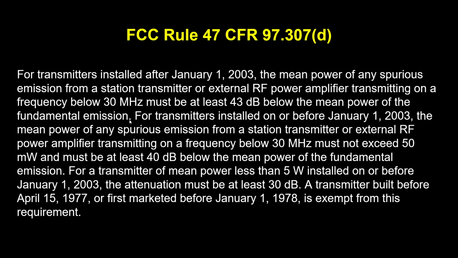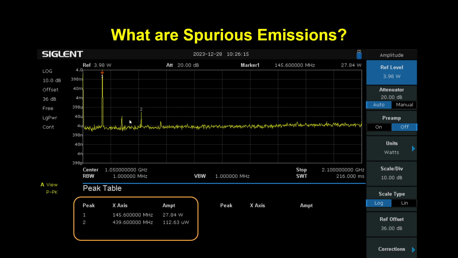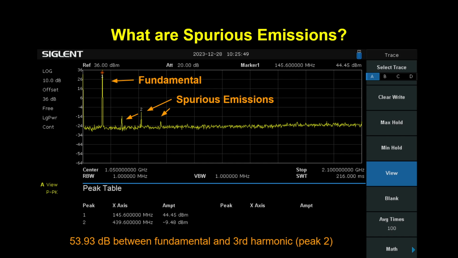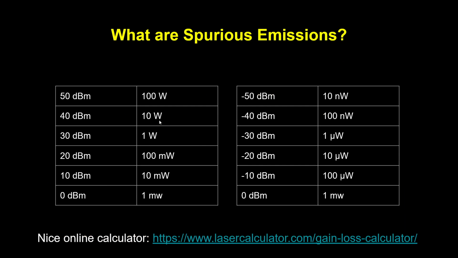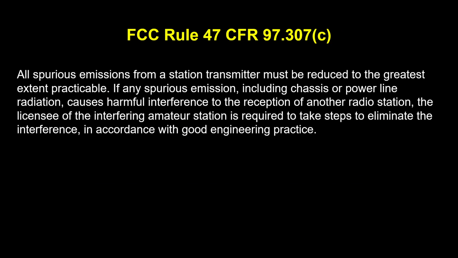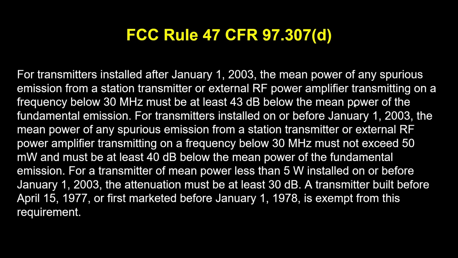So if we look back at our chart, we pick the one with the decibels. So right here we see that our spurious emission would be 53 decibels below the fundamental. So if it was in HF, then we are in compliance right here.